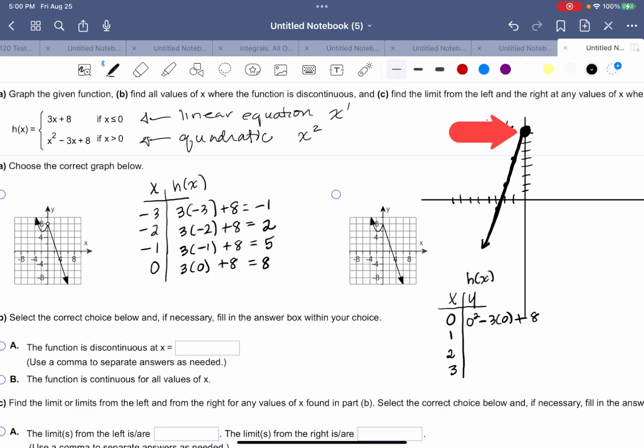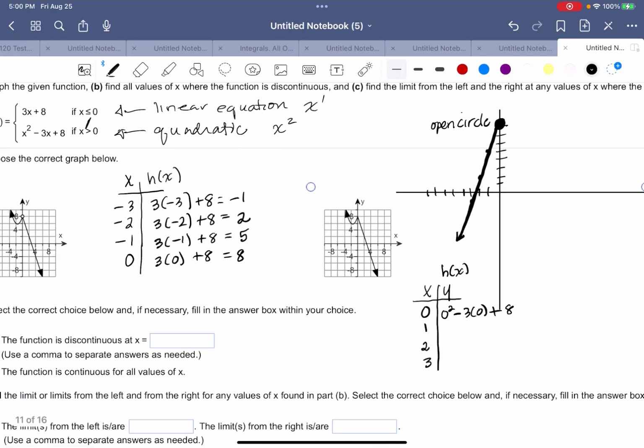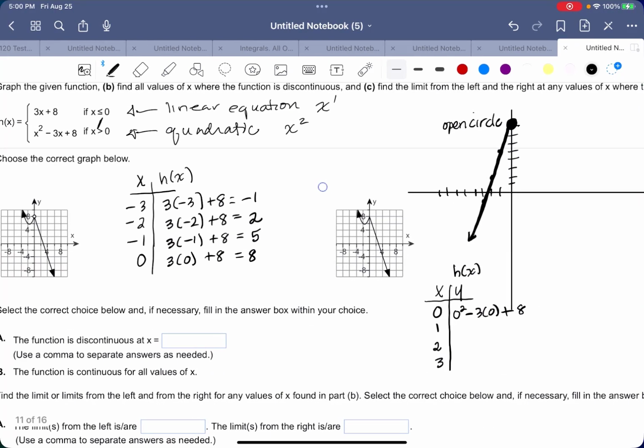So there's not going to be a discontinuity at this exchange, which there often is. Then I'm going to do 1 squared minus 3 times 1 plus 8. That's 1 minus 3 plus 8. That's a 6. So it's dropped down to 6.